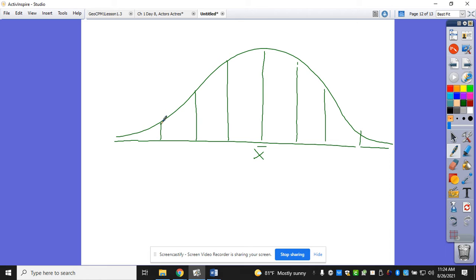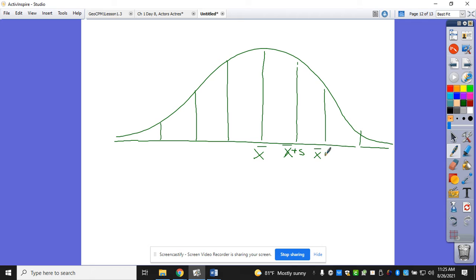So math equation type thing, what can I write in symbols that this line represents? 1s, 2s. Now is it just 1s? Or it's mean plus s. So that's my mean plus 1 standard deviation.